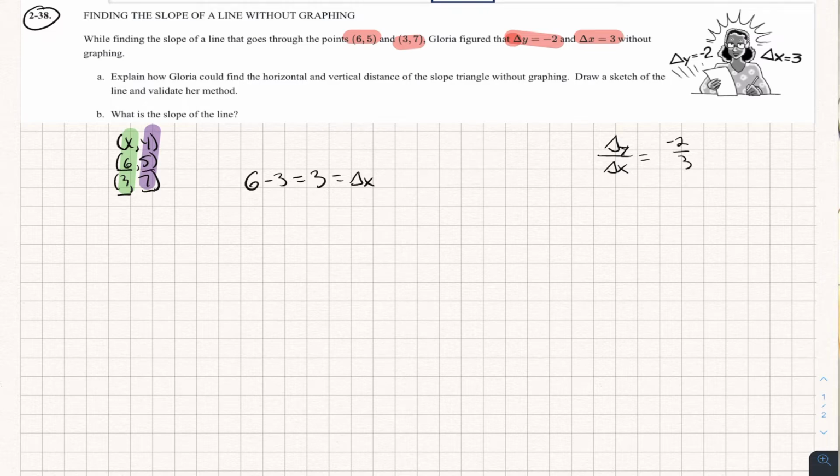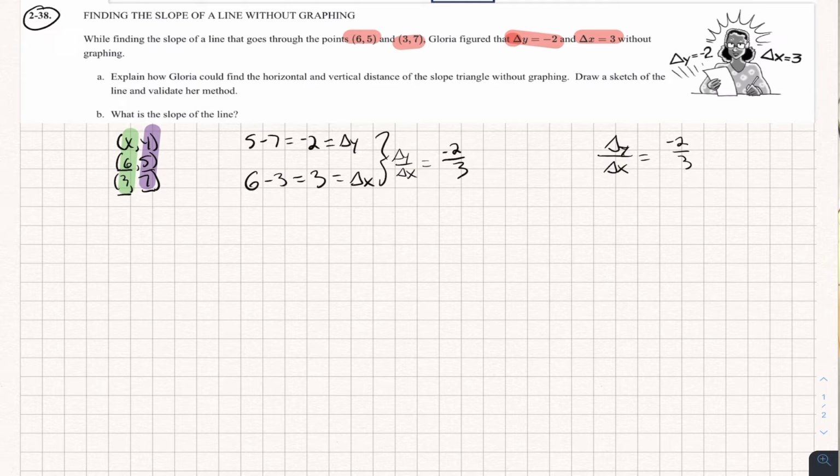For delta y, I have 5 minus 7, and that's going to equal -2. So -2 is my delta y. And remember that our slope is the ratio of our change in y to our change in x. So again, if the slope is delta y over delta x, that means it would be -2/3, which is exactly what Gloria got.